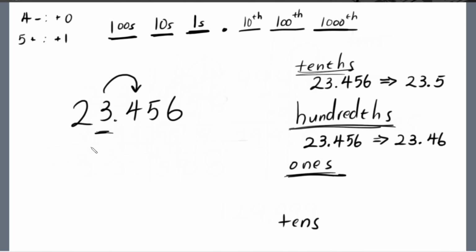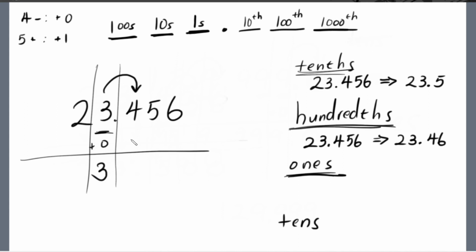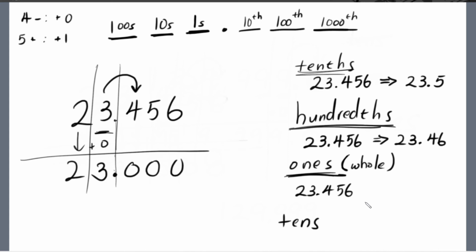It's 4 and below, so we follow the +0 rule. 3 plus 0 is 3. Everything to the right became a 0. Your decimal has to stay in the same place. Bring down your 2. They also call this the whole sometimes, the nearest whole. So 23 and 456 thousandths to the nearest whole is just 23.